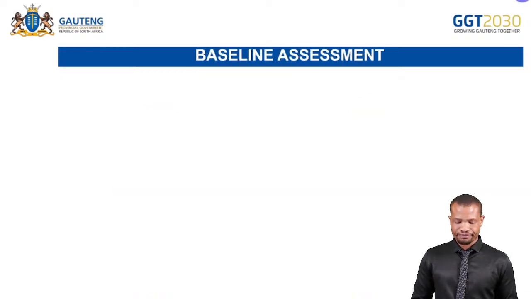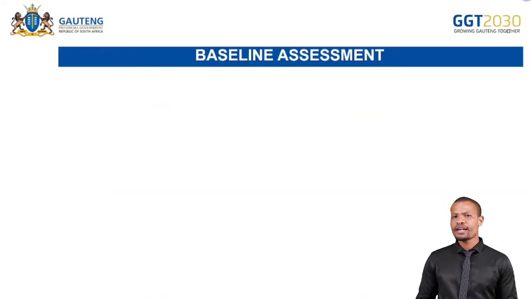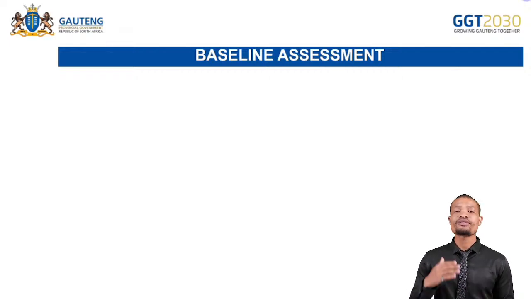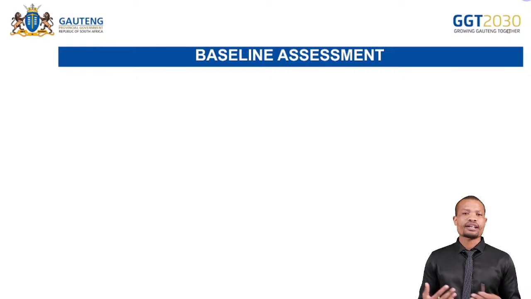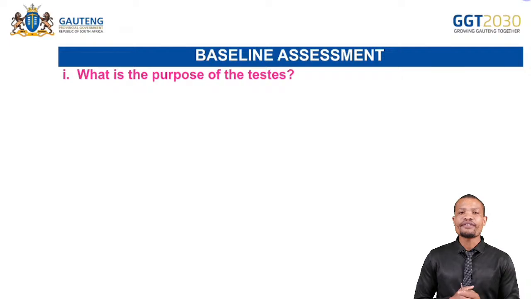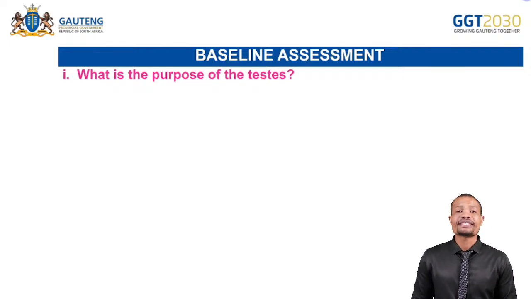Now let's move on. And let's do a baseline assessment, which is nothing but a couple of questions that are tailored in testing whether you still remember some of the concepts that you've learned as they are relevant for today's lesson. Right, we are going to begin with the first question. First question says, what is the purpose of the testis?